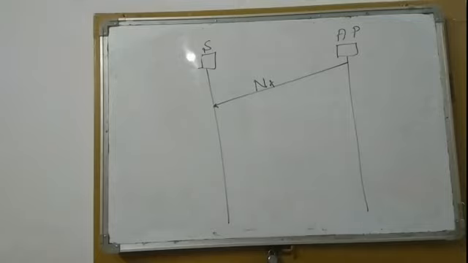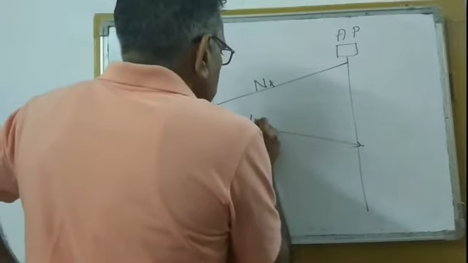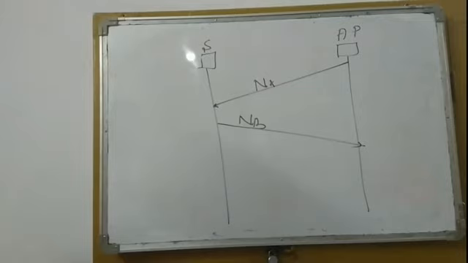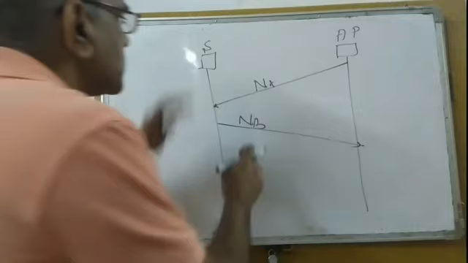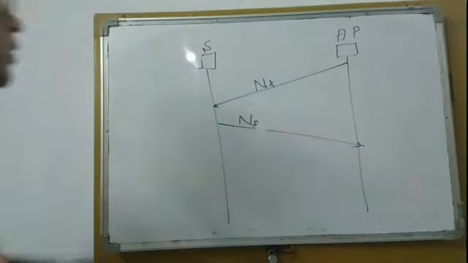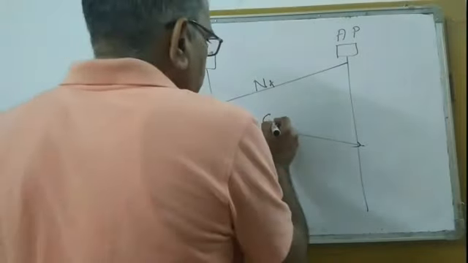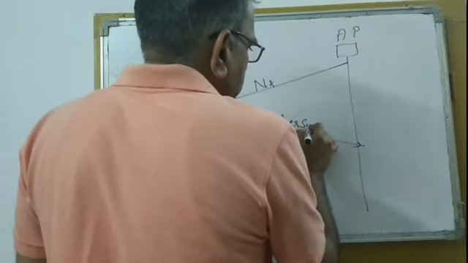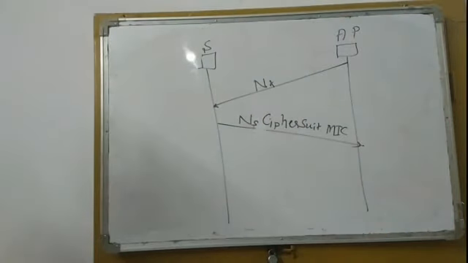The second message involves the nonce generated by the station, which I will call NS, and the cipher suite which is supposed to be used between them, and the MIC, which is the message integrity check.